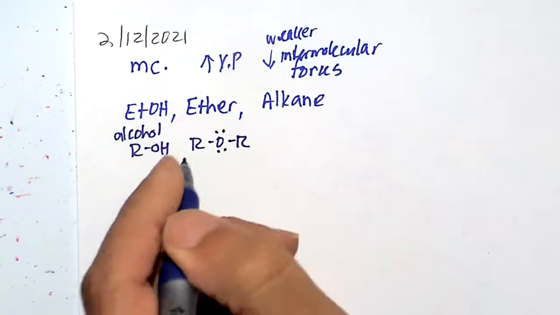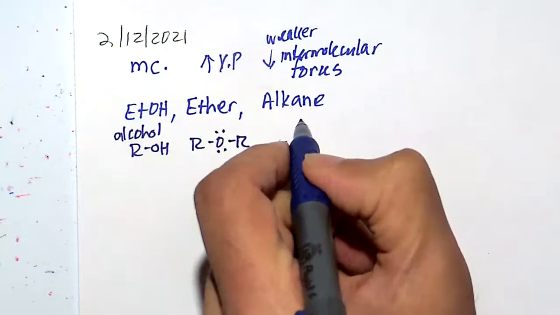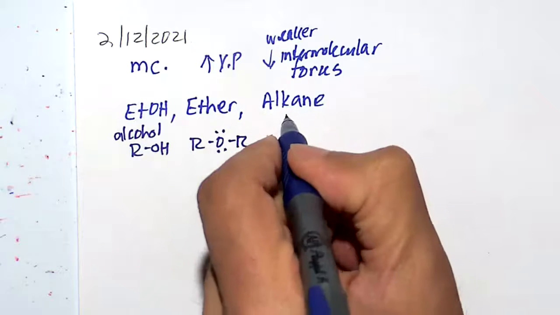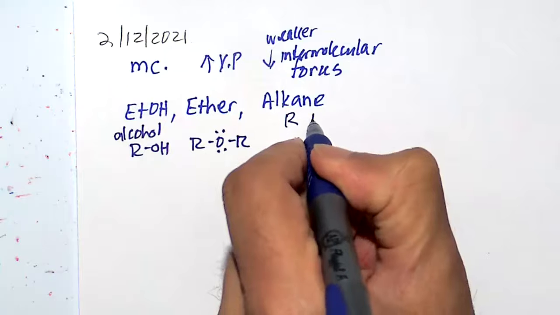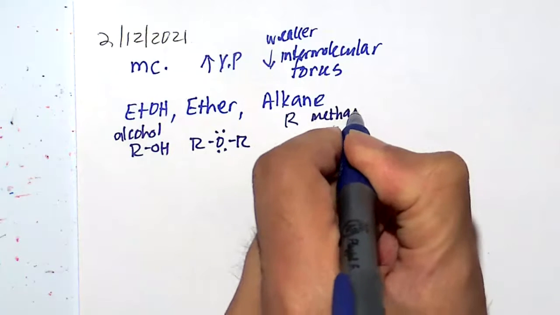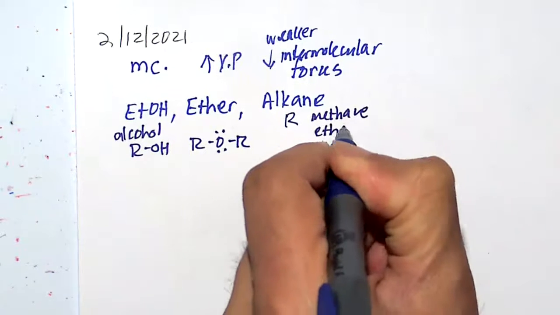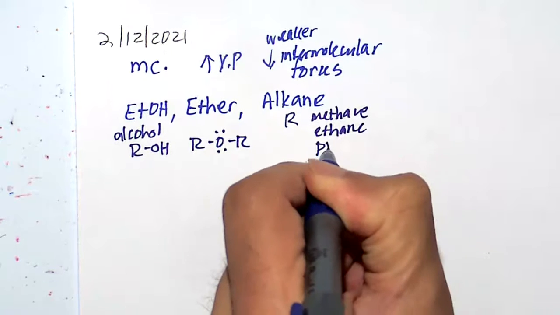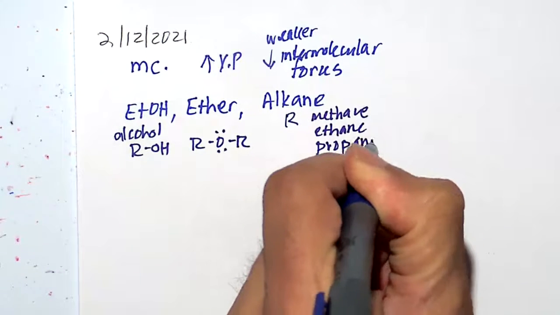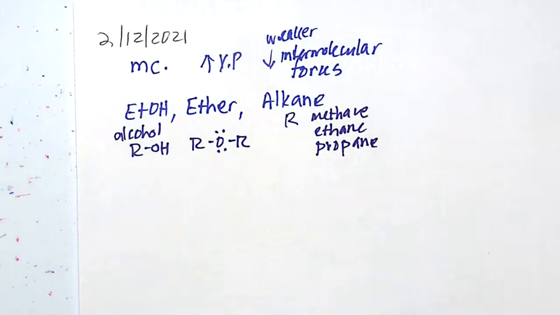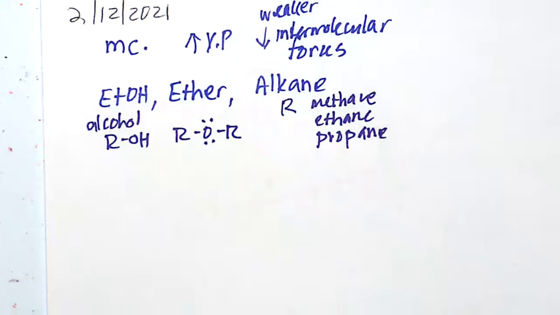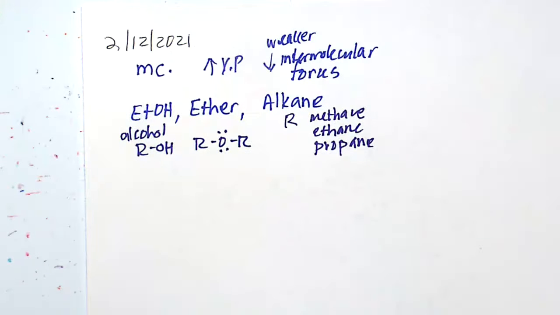And do we know what an alkane looks like? It's basically a hydrocarbon, like your methane, ethane, propane, etc. So the question here is, which do you think would have the highest vapor pressure? The alkane, the ether, or ethanol?